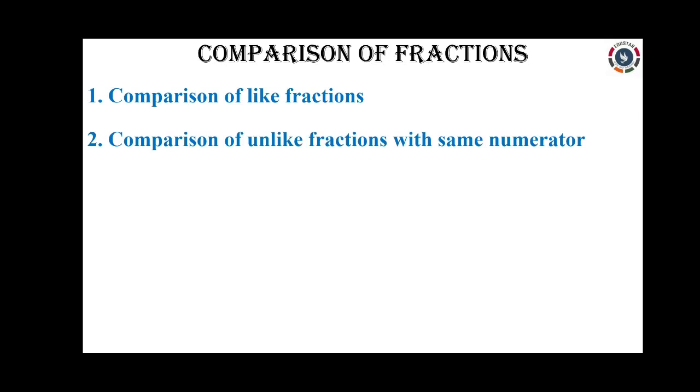Next we are going to see comparison of fractions. There are 4 types of comparisons. First one, comparison of like fractions. In like fractions, the denominators must be the same. Next, comparison of unlike fractions with the same numerator.